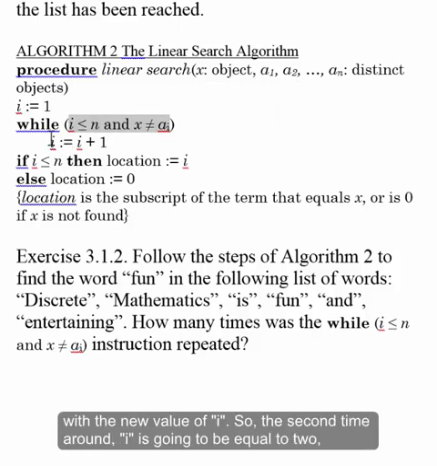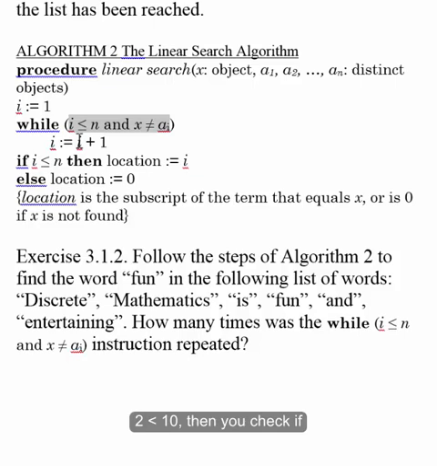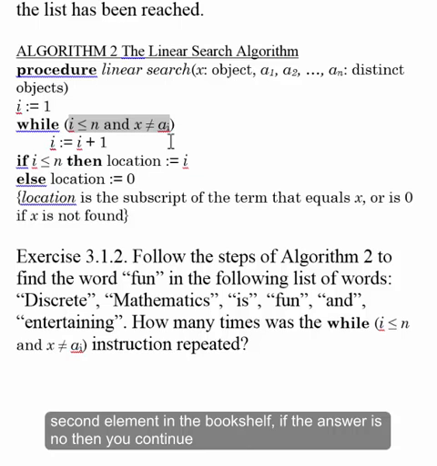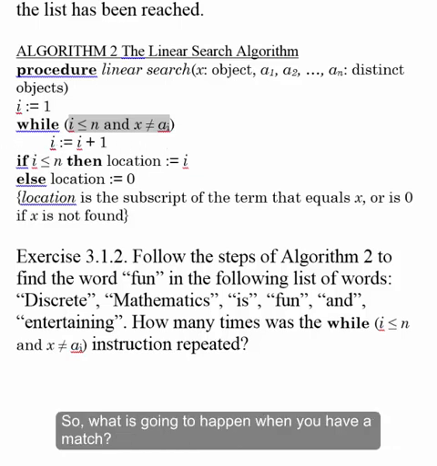So the second time around, I is going to be equal to 2. 2 is less than 10. And then you check if the book you're looking for is not the same as the second element in the bookshelf. If the answer is no, then you continue. So what's going to happen when you have a match?